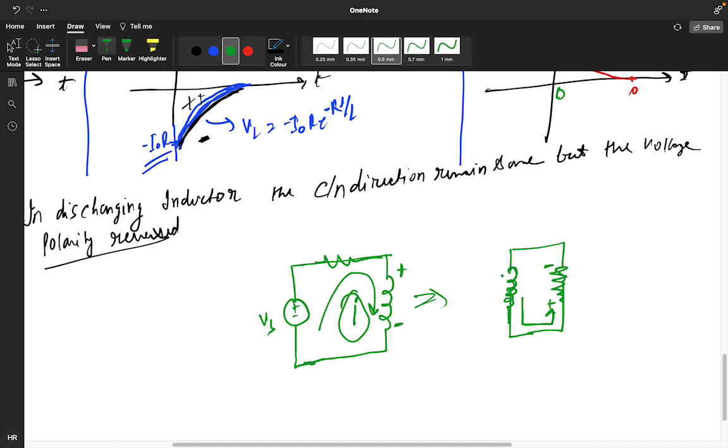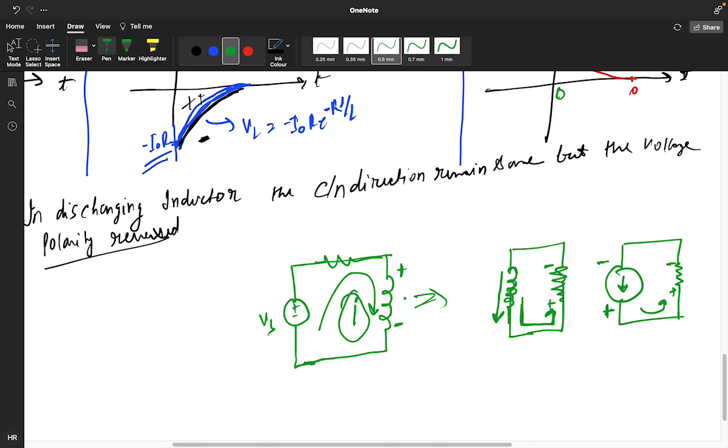But you know, if the current is flowing in this particular direction, this inductor is behaving like a current source and is delivering some current in this. That's why I'm taking this as positive, negative.